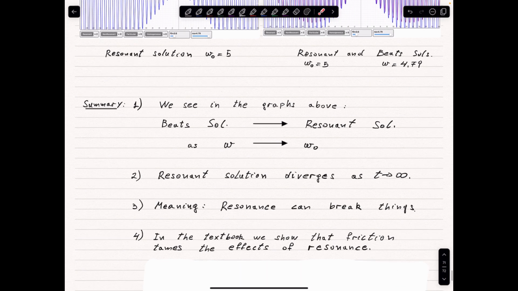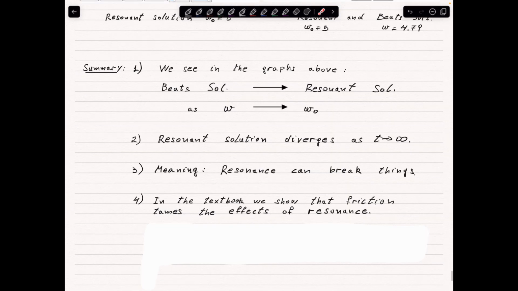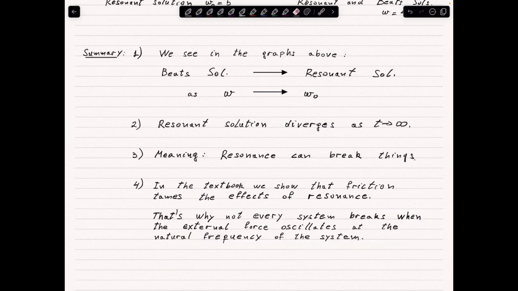Some systems will, when the friction is small enough that the system breaks before achieving an equilibrium. So that's why not every system breaks in nature when the external force oscillates at the natural frequency of the system.